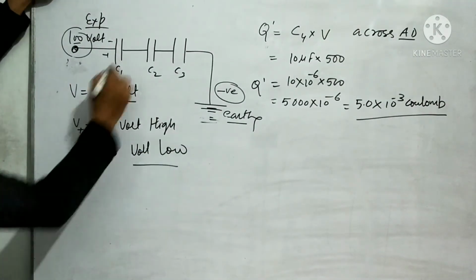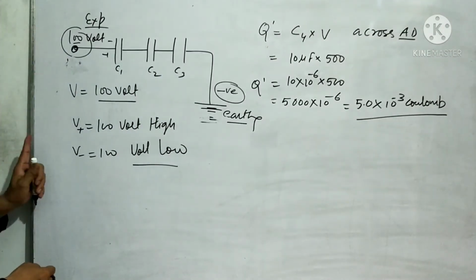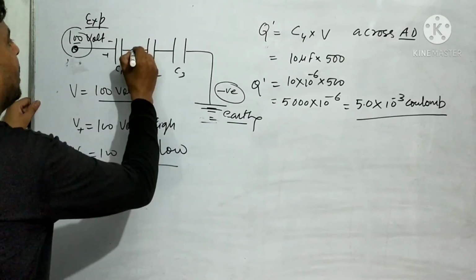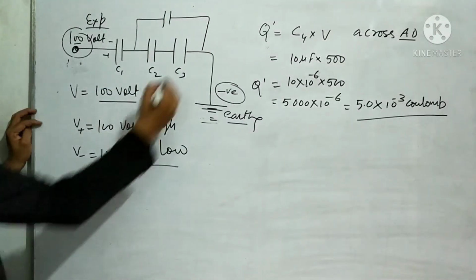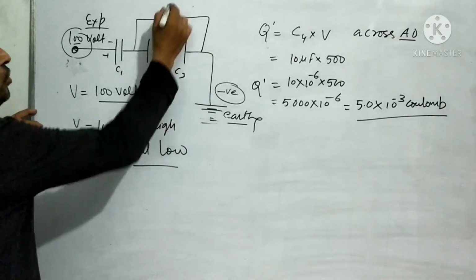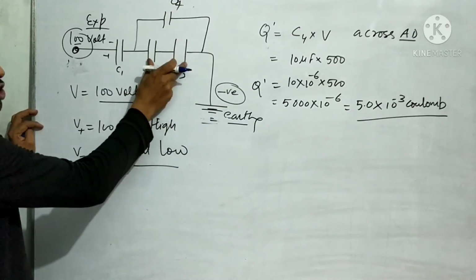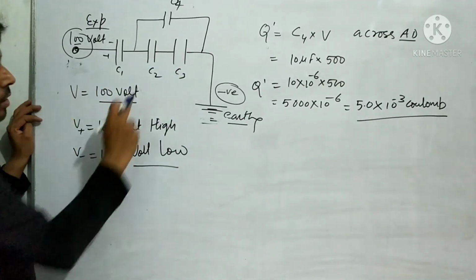In such a case, these are in series combination. Maybe you have read or seen here, maybe any other combination or another one is here also, like that. C1, C2, C3, this is C4. C4 is connected in parallel with these two. Then how will we calculate?